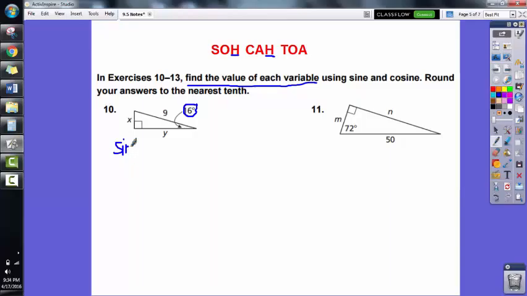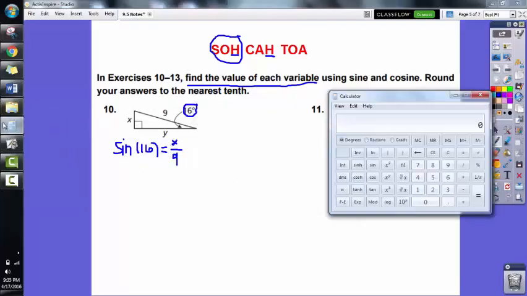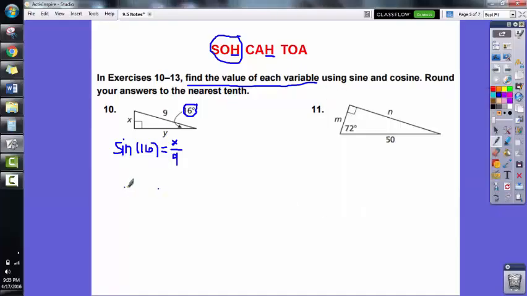So it's very similar to the tangent function. I'm going to take the sine of 16 degrees and set that equal, because I'm using opposite over hypotenuse, x over 9. Okay, well if you use your calculator, the sine of 16 is 0.2756. 0.2756 equals x divided by 9.